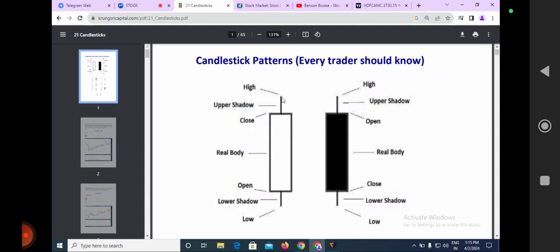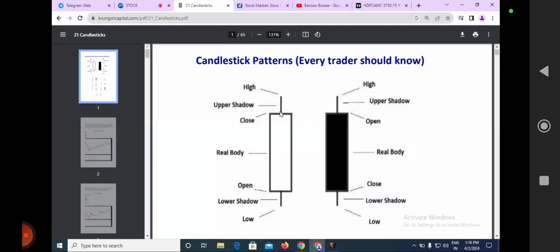Just follow my mouse on the screen. You can see a line which is above the bar here. This top high represents the high of a candle, which is the high price, and this line above the body is called the upper shadow.